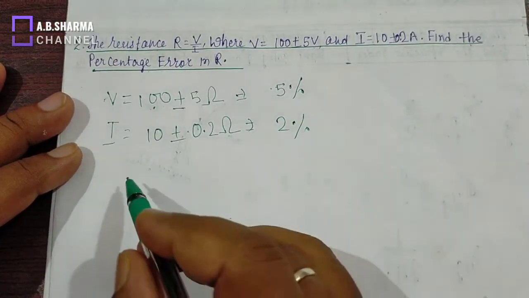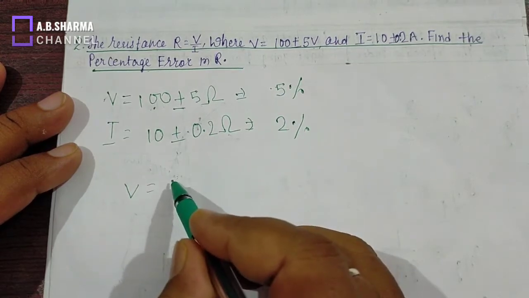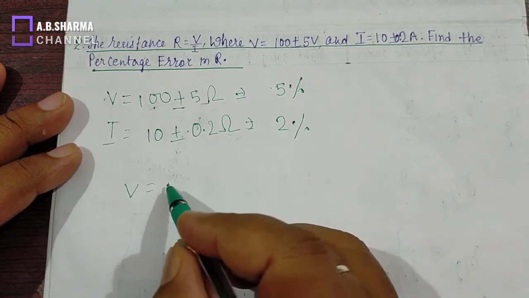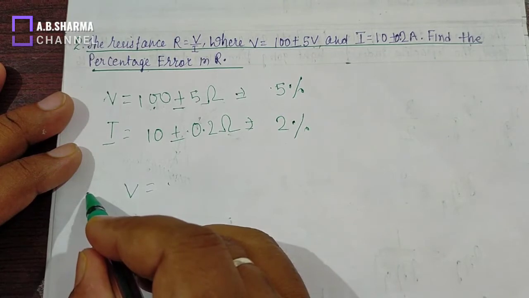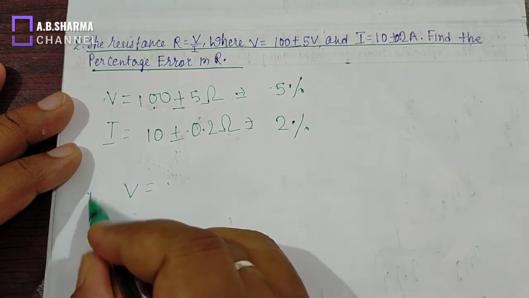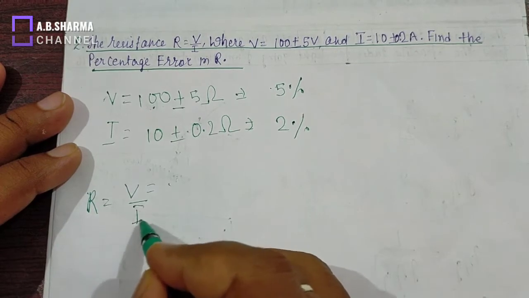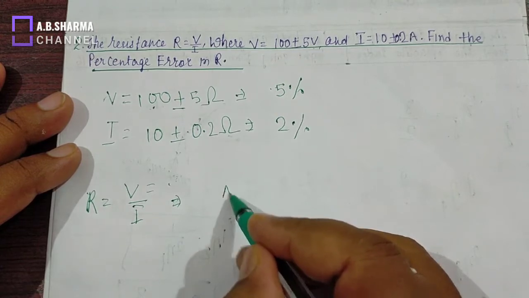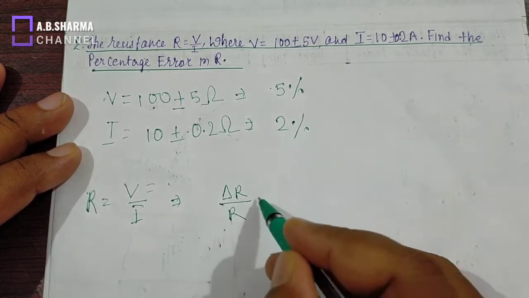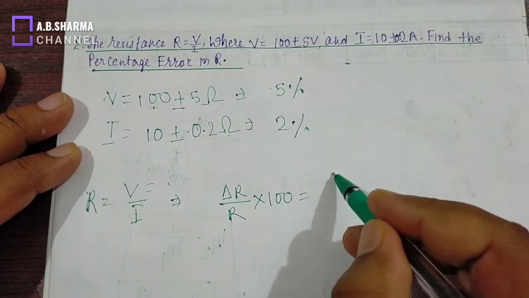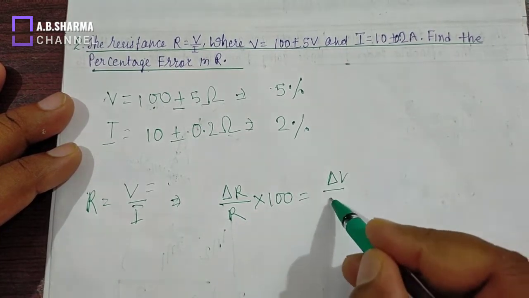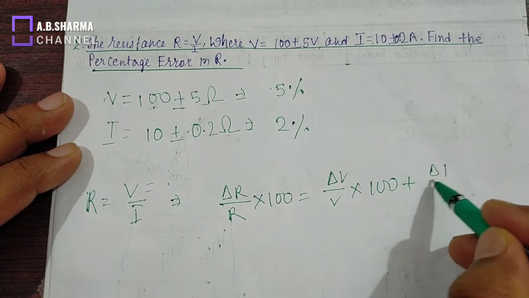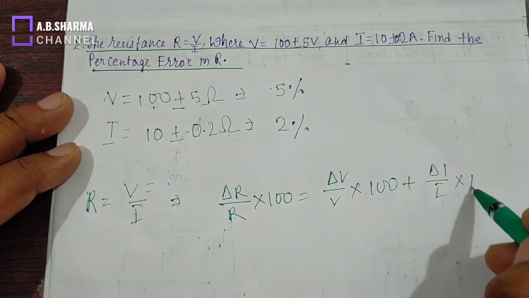So using the formula V equals IR, but we have to find the percentage error in R. R equals V upon I, and this will be delta R upon R into 100 equals delta V upon V into 100 plus delta I upon I into 100.